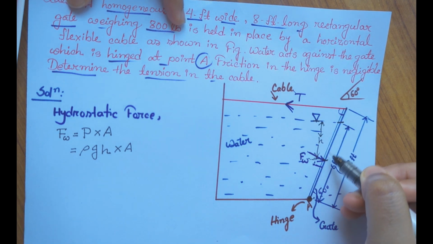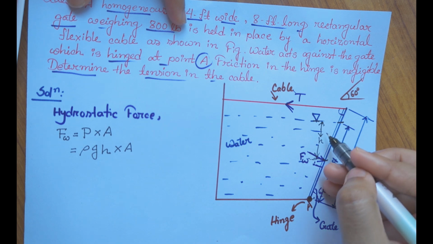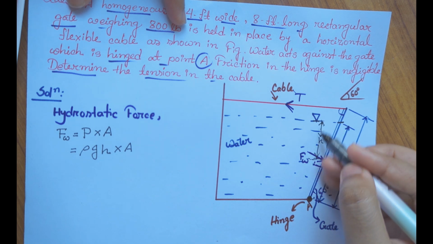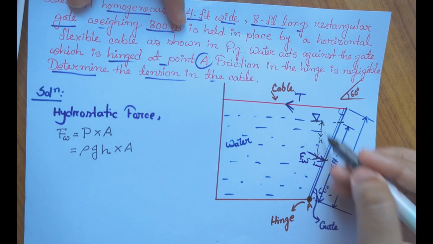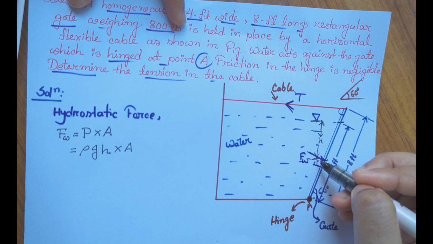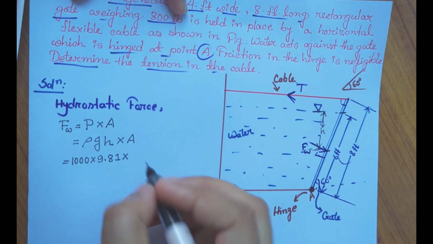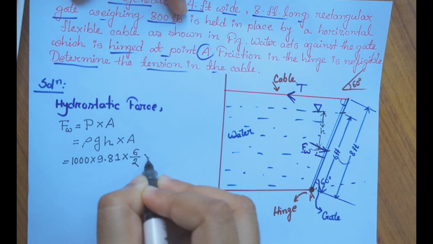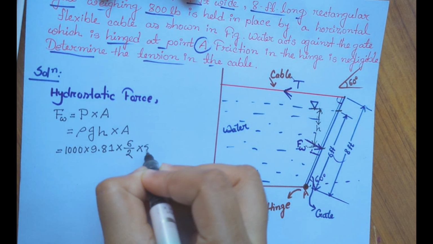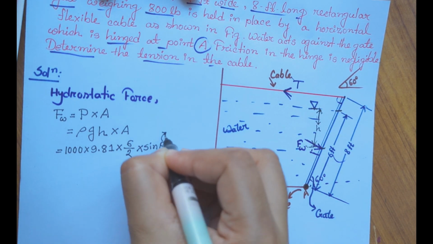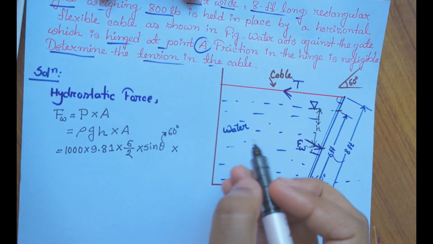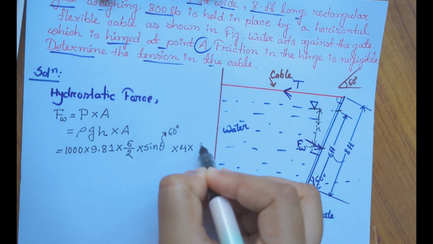But this creates the angle theta, and we have to take the vertical distance from the water surface to the action of force. So this portion will be 6 divided by 2 into sine theta, where theta equals 60 degrees, times area equals 4 into 8.